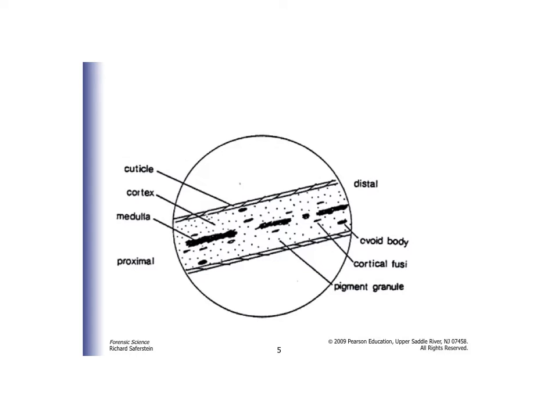Now, this is if we took the shaft of the hair and chopped it in half lengthwise with something like a guillotine. You're going to see the three parts that you'll be able to visualize underneath the microscope. The first one is the outermost region, and that's the cuticle.